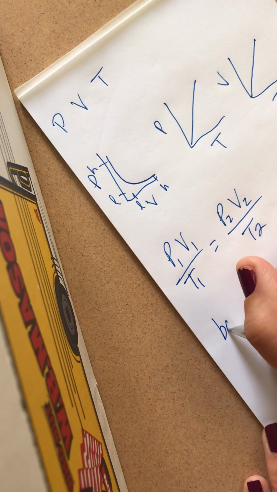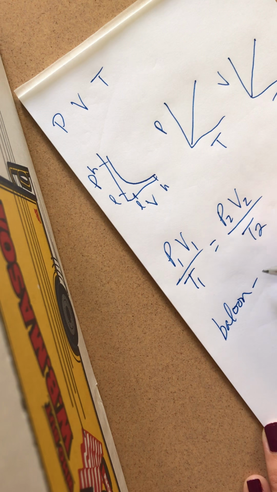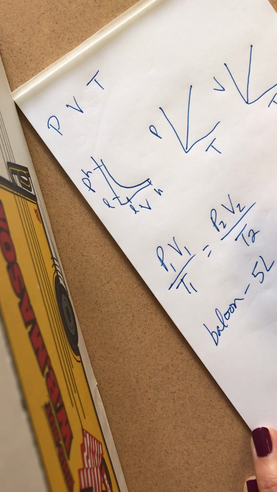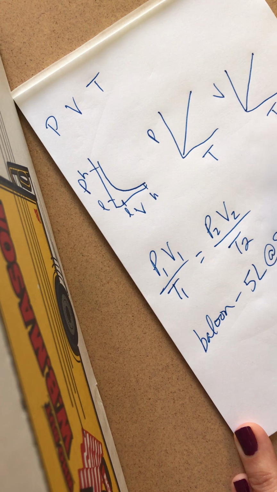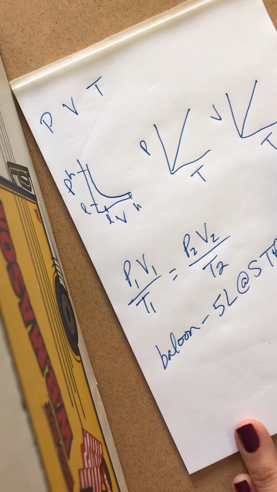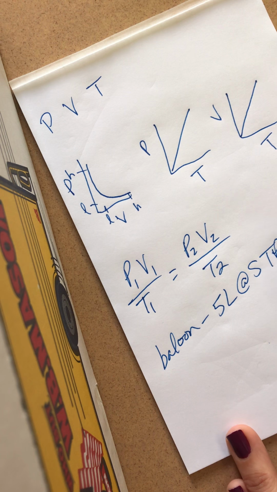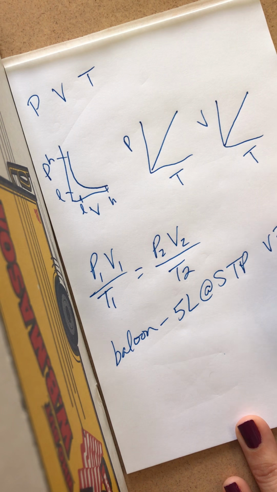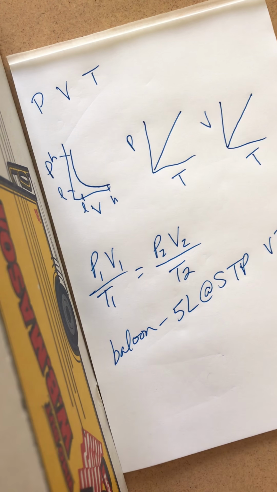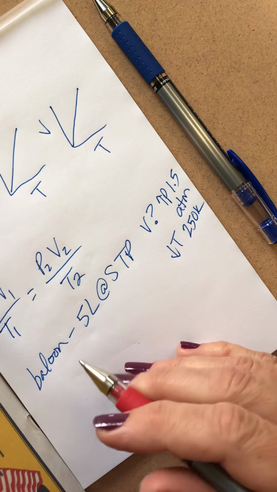I could say that I have a balloon and that it is a 5-liter balloon and it's at standard temperature and pressure. And I want to know what is the volume if I increase the pressure to 1.5 atmospheres and I decrease the temperature to 250 K. All right, so there's my question.